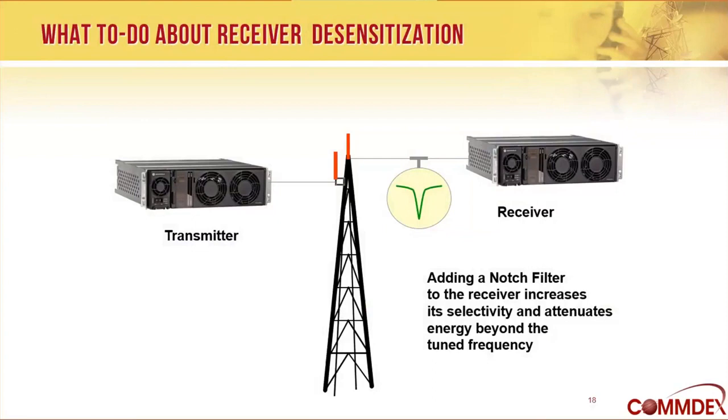Now, since we own the receiver and we're getting receive desense, we can do something on our receiver. So once we identify what the problem is, we can put a notch filter on the transmitter's frequency. Again, if it's on the same channel, this filter won't do any good, but if it's an adjacent channel or a co-channel or something nearby, we can put a notch filter to notch out that offending transmitter frequency.